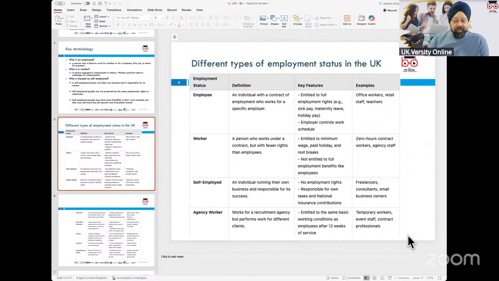You have agency workers. I've given you an example there as well. Agency workers work through a recruitment agency, but they sometimes perform different work for different clients. So if you're registered with Randstad in the education sector, or, for example, as a plumber with a firm in Manchester, like Manchester Plumbing Supplies, they may have hundreds of plumbers who work with them, and when they get a call, they assign that job to a particular plumber in the area where you are based.